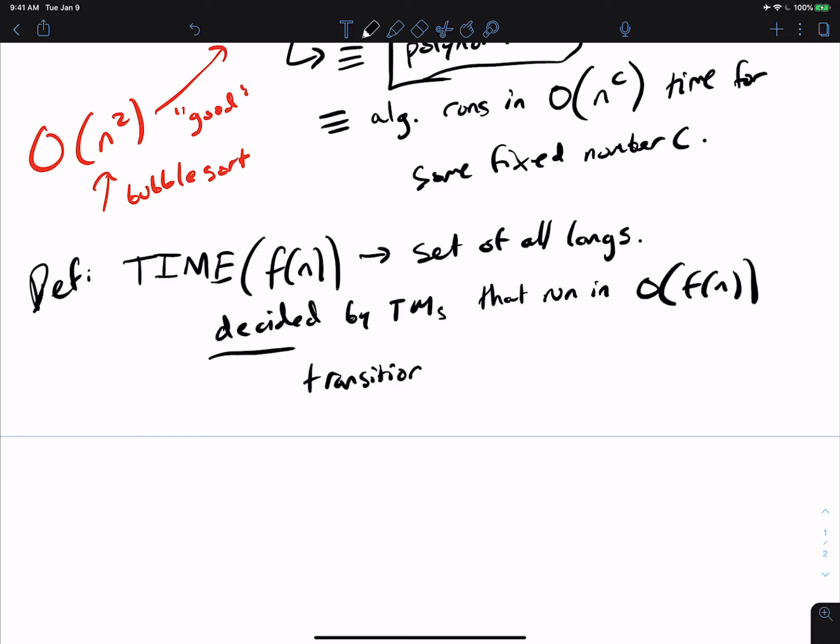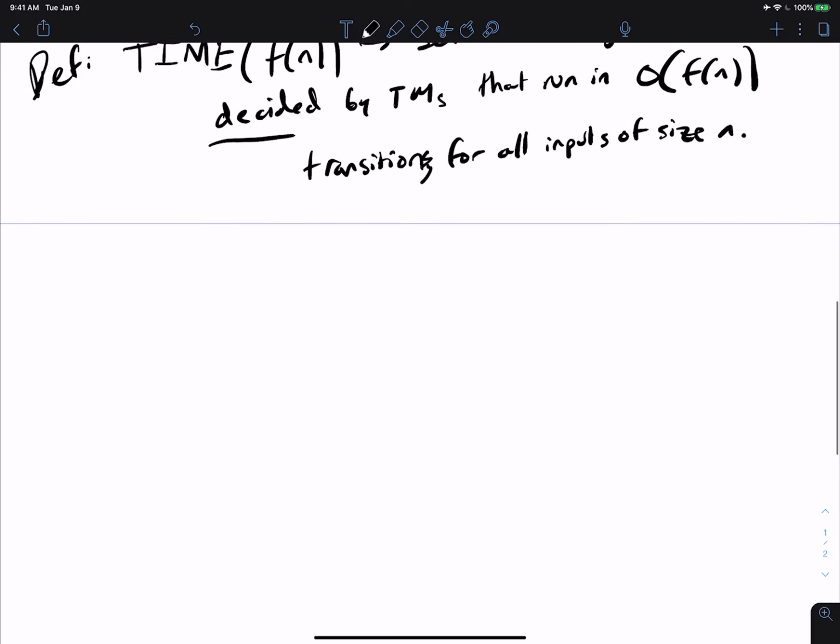Each transition is going to count against the clock, so to speak, for all inputs of size n. So no matter what input I throw at you, if you are in TIME of f(n), then you must run in big O of f(n) time.